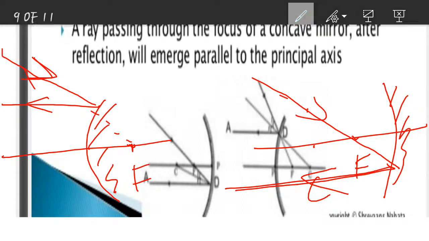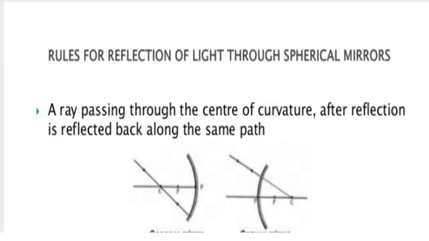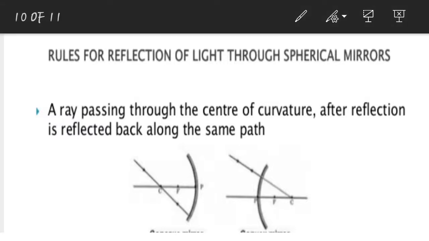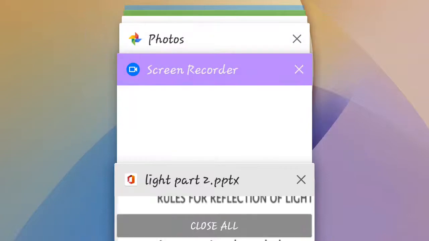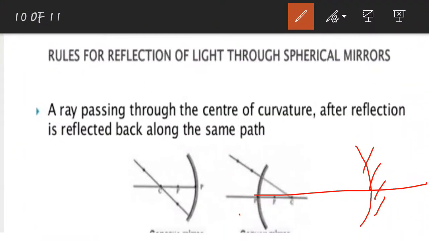Understood? So this is the second rule, and the third rule is, if a ray of light passes through the center of curvature, after reflection it reflects back in the same path. Means here what will happen, if we are using a concave mirror, in this concave mirror, this is the pole, this is focus, and this is center of curvature.